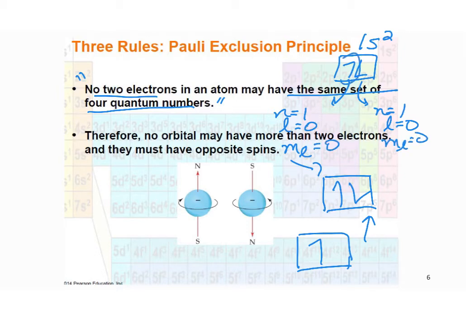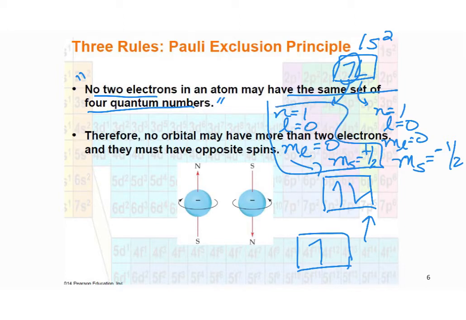However, since one is spin up, the convention is to assign the ms value of plus 1/2 if it's spin up, and the other electron has an m sub s quantum number of minus 1/2. So you see that both of these electrons have a unique set of quantum numbers.